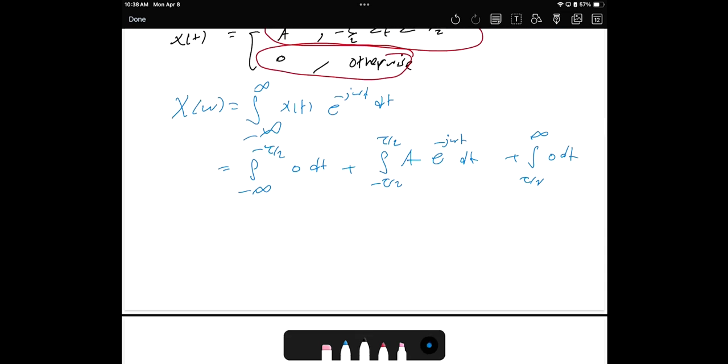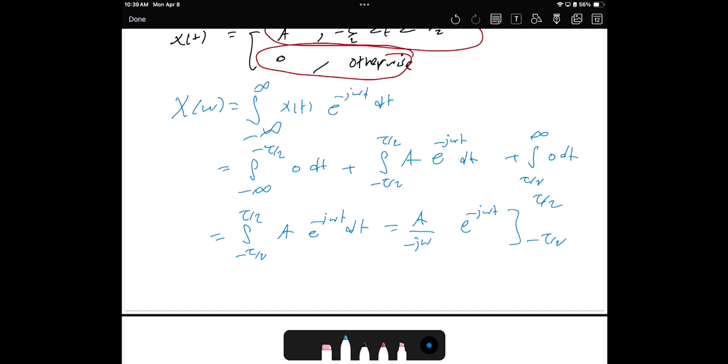So as a result, it will be the integral from negative tau over 2 until tau over 2 of A e to the power negative j omega t dt, and this is the integral of an exponential, so it will be A over negative j omega, then e to the power negative j omega t substituted with negative tau over 2 and tau over 2.